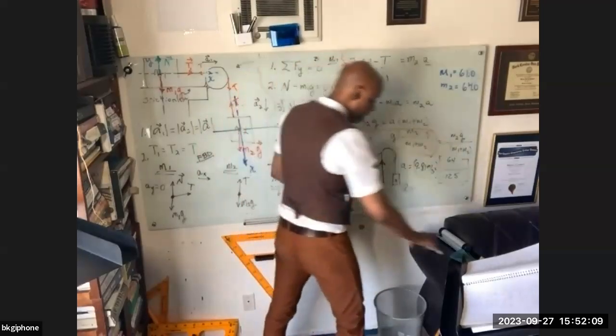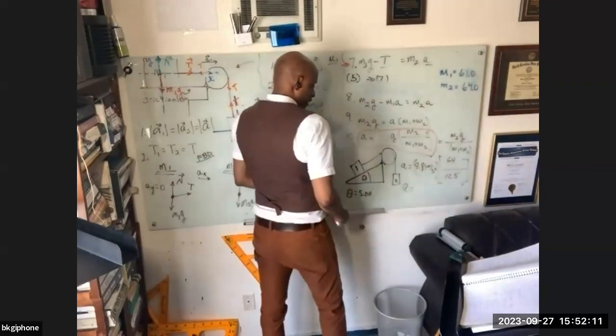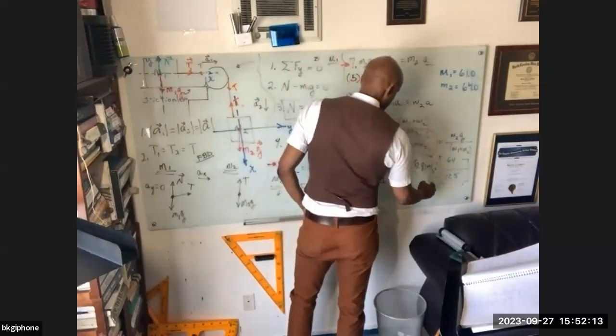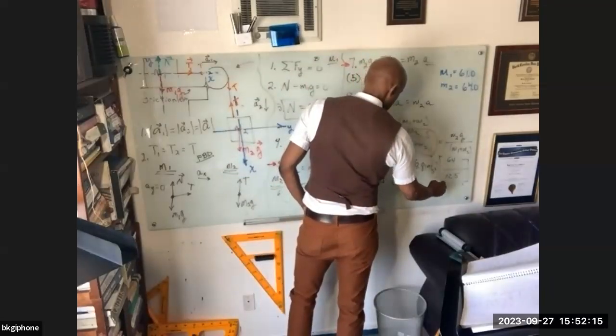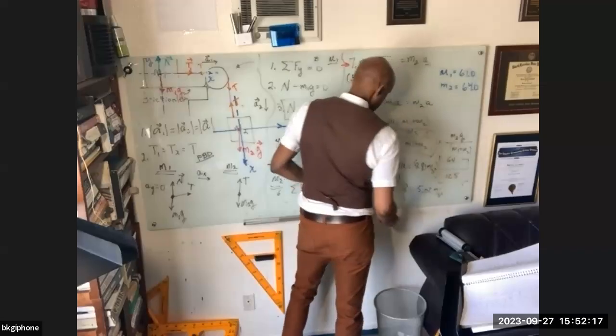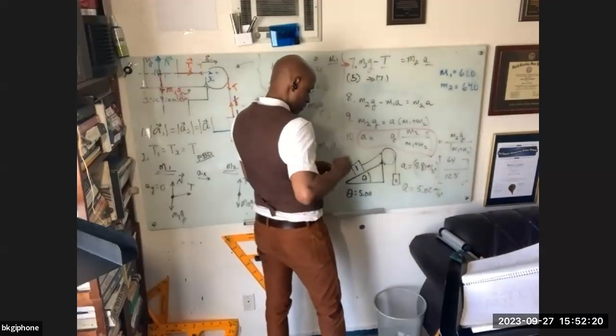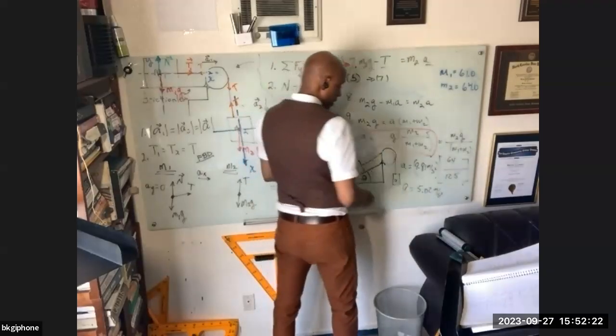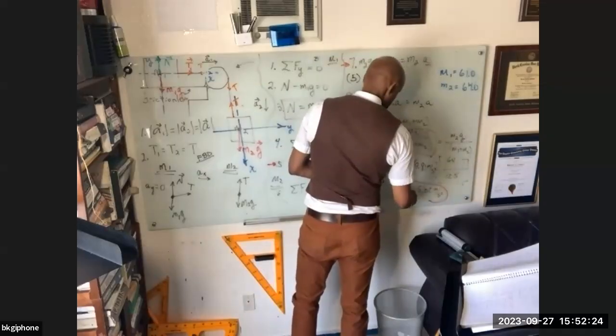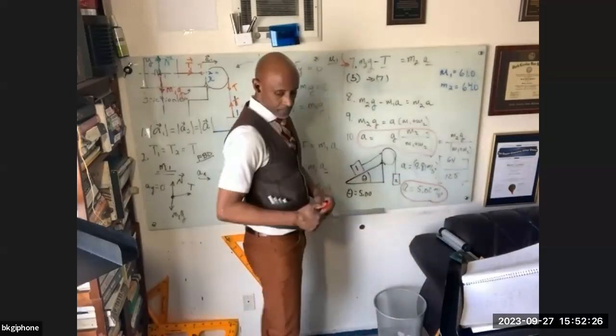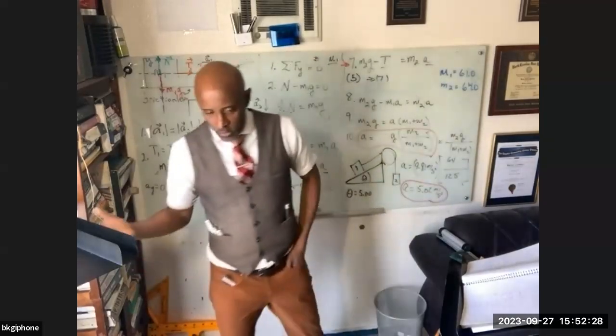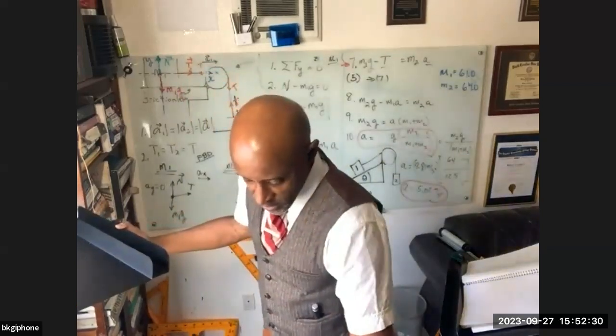It turns out to be about 5.02 meters per second squared, the acceleration of that system. That's pretty realistic, what I showed you there. Take a look at it again. This is what 5 meters per second squared looks like.